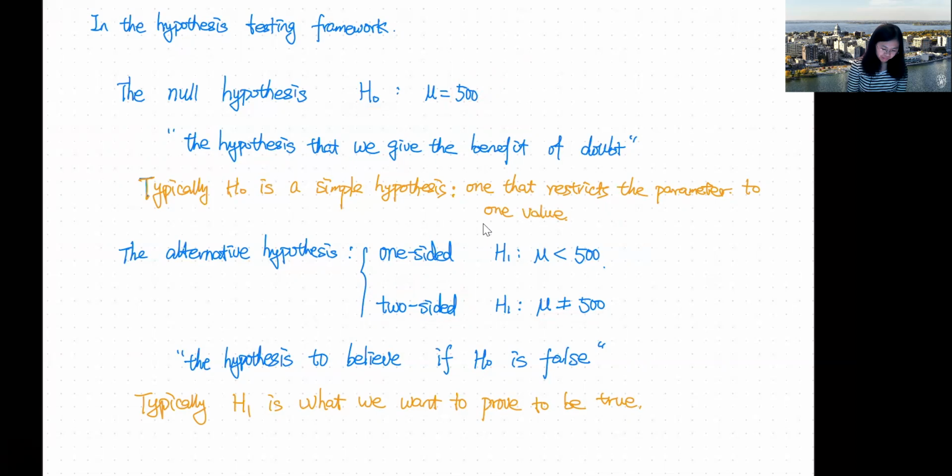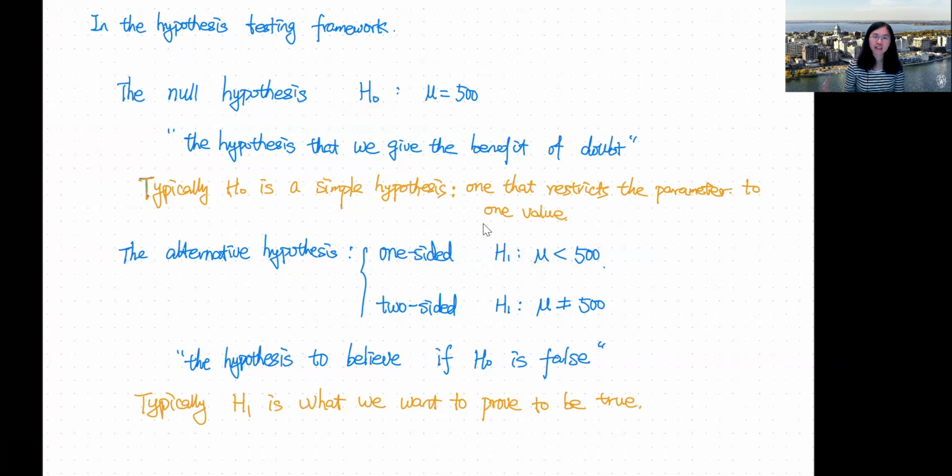So in the battery case, because you have doubts about the company's claim and you want to prove that they overstated their battery runtime, then you might want to consider the one-sided hypothesis, because you want to prove that the battery runtime is not as good as what the company claims.